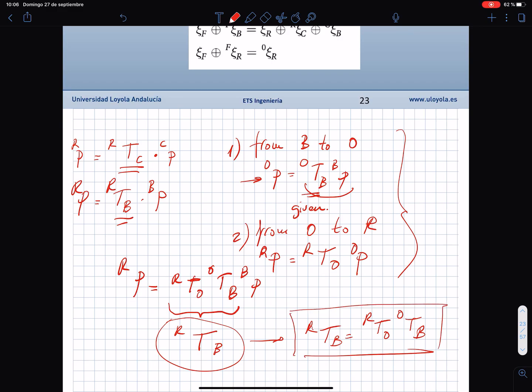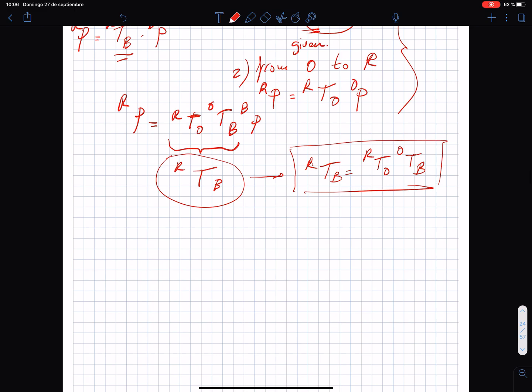Did we solve the problem? Not yet, because this is given, but this is unknown. So we will further develop this element in terms of elements that are given.